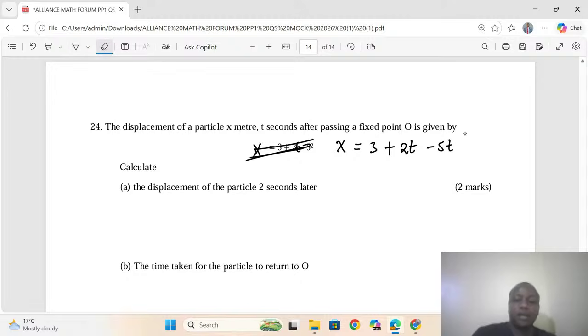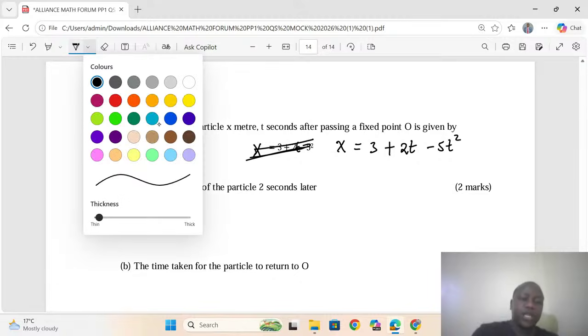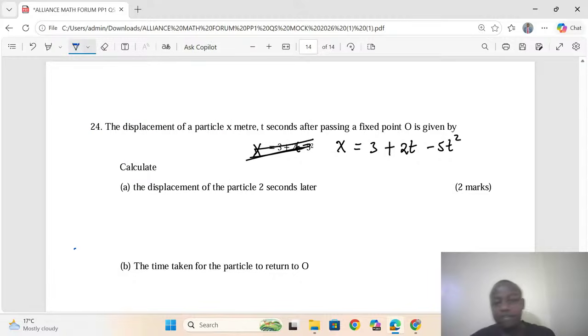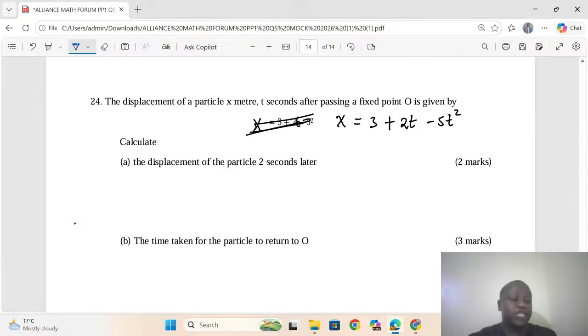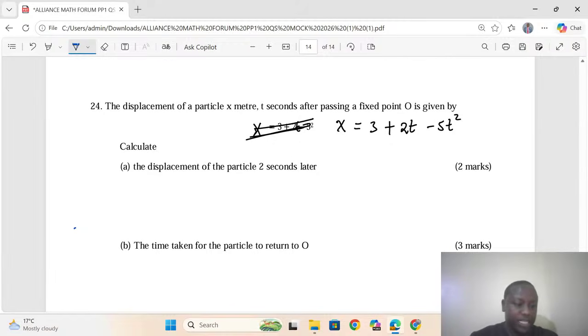So we have our expression for the displacement. Displacement is distance. It's good for you to know that. I've made the correction, so we can proceed.